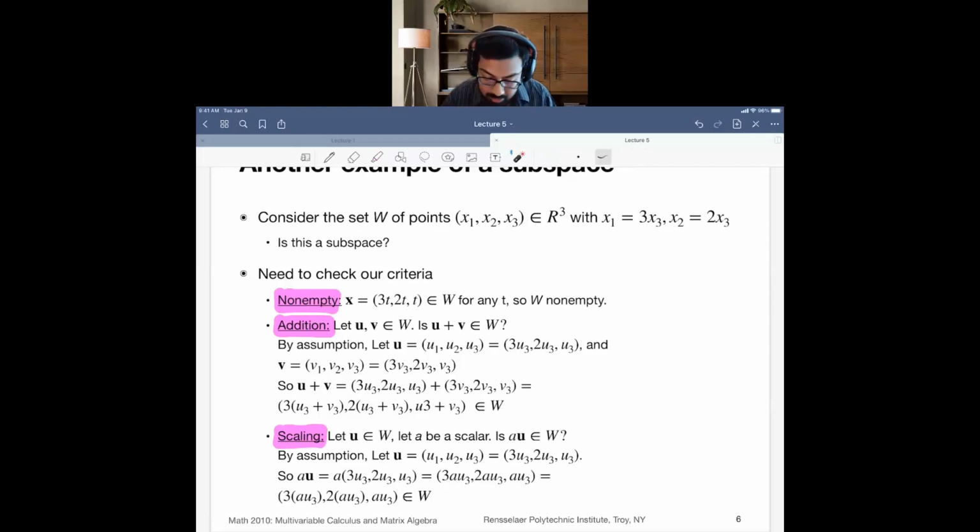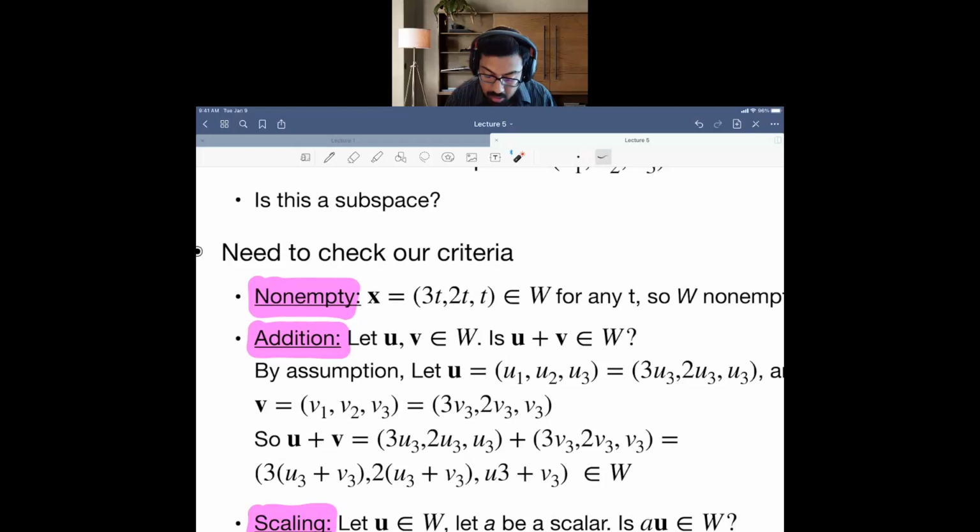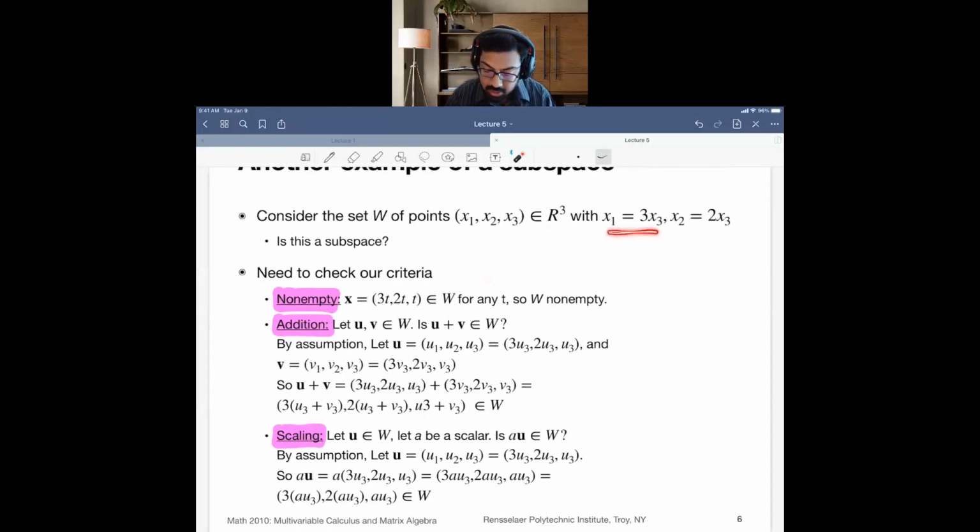So if you look at any vector in that subspace, it is going to be 3t, 2t, t. I'm assuming that the last value, x3, is t. With this condition, you are going to get that, and then with this condition, you are going to get that.